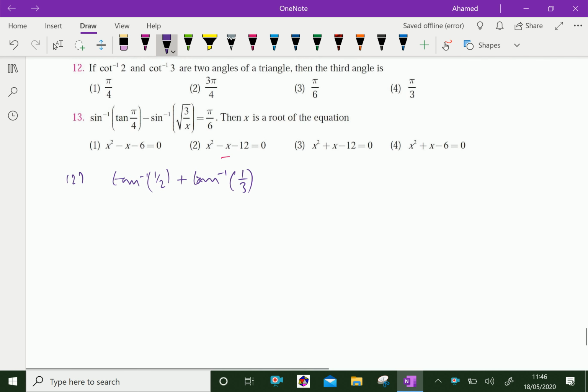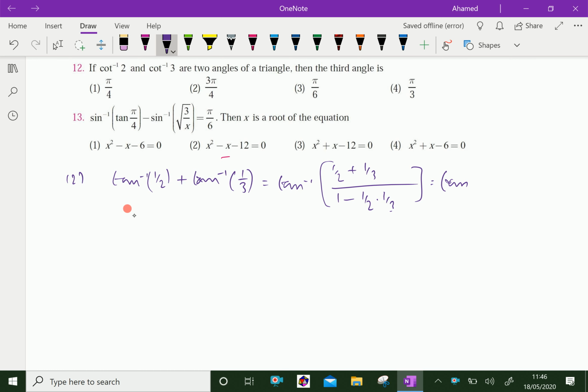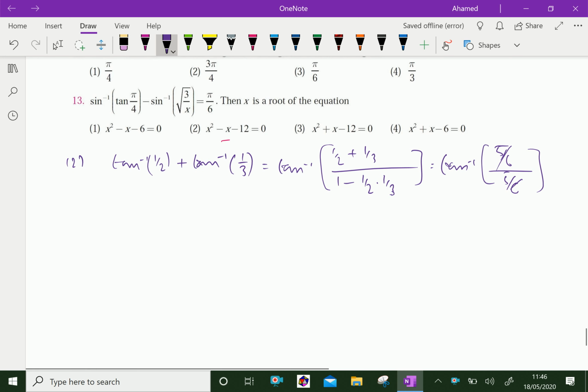So let us find the sum of these angles, that is tan inverse of (half plus 1 by 3) over (1 minus half into 1 by 3), which is equal to tan inverse, with 6 as LCM, 5 by 6 in the numerator and 6 minus 1 over 6, that is also 5 over 6, so which gives tan inverse 1, which is pi by 4.